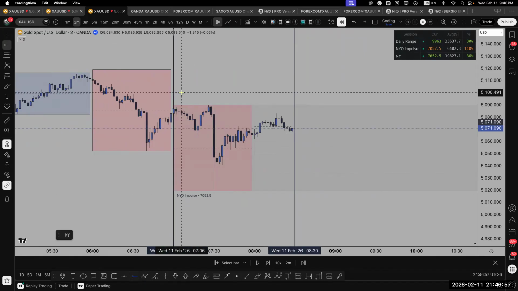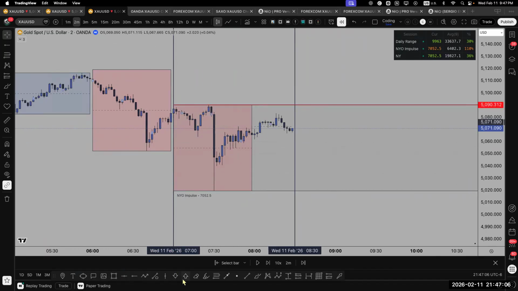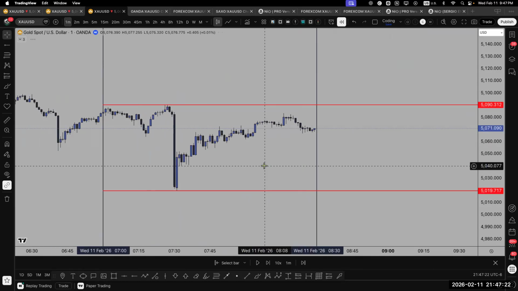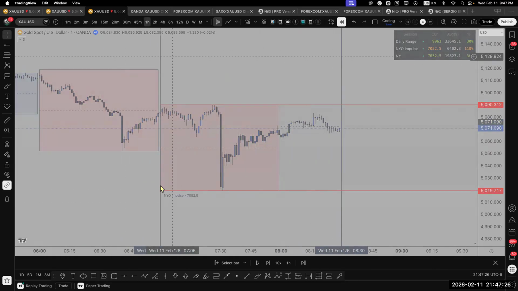So if I actually put a vertical line here, we'll put it red, and then I put a horizontal line down here, see the price level on the right hand side, 50.90 and some change, 50.19 and some change. No matter what time frame I go to, that's not going to change. I can go to the 1 hour time frame.